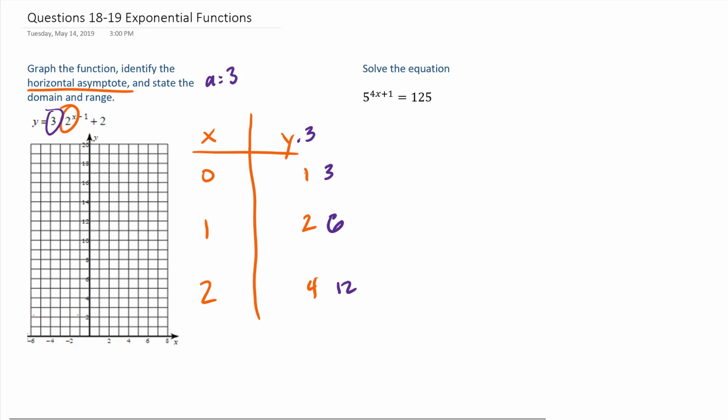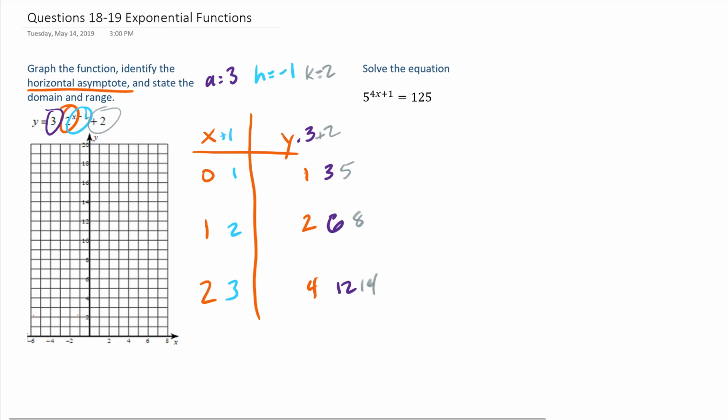Next, I see that I have this h value. h is negative 1. Anytime that I have a negative 1, I'm actually going to be adding 1 to all of my x values. So that's 1, 2, and 3. And then finally, we have the k value, a k of positive 2. When k is positive 2, that means we're going to be adding 2 to each of those values, and that gives us 5, 8, and 14.